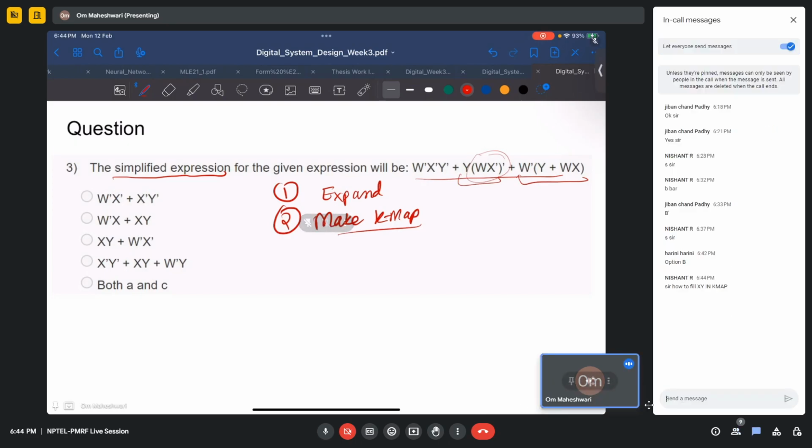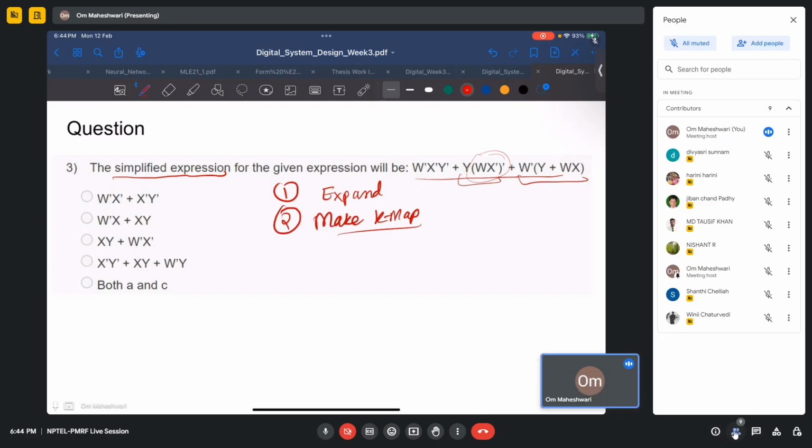How to fill XY in K-map. Okay Nishant, we will see that. Tausif and Jeevan, do you have any answer? Or are you stuck somewhere?